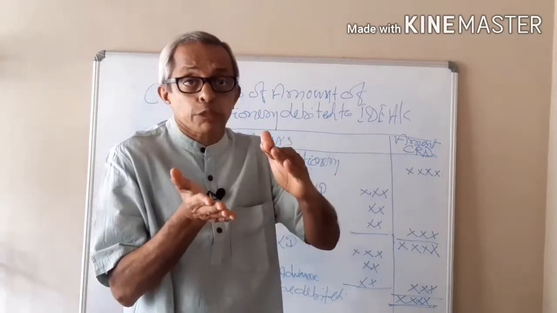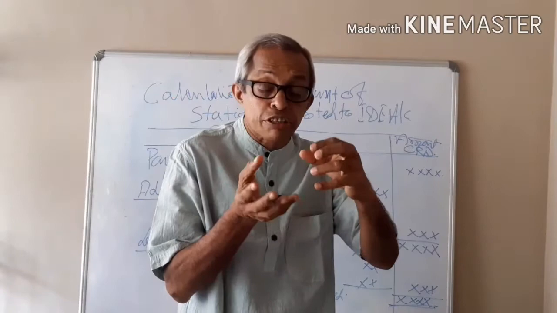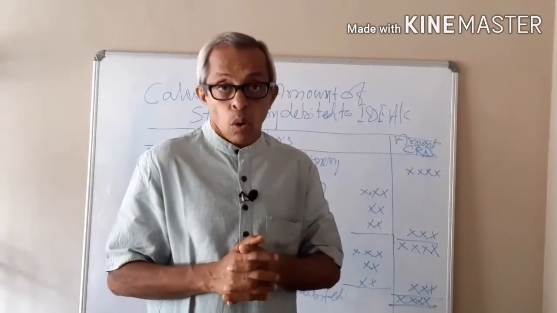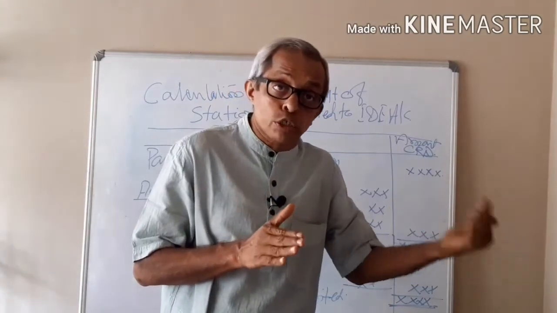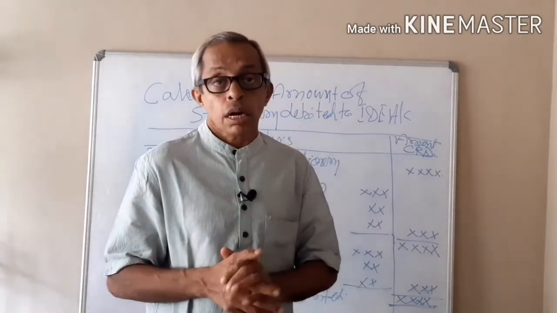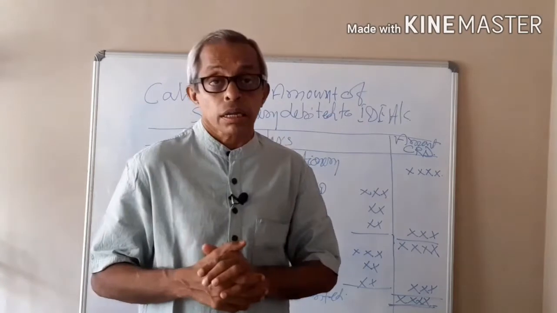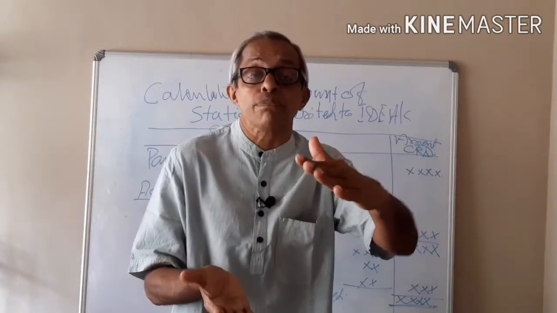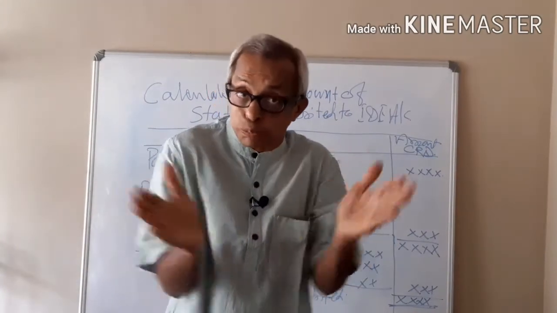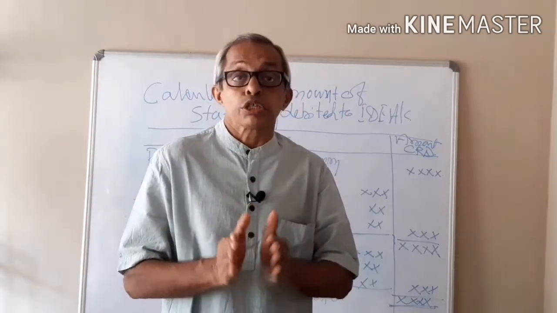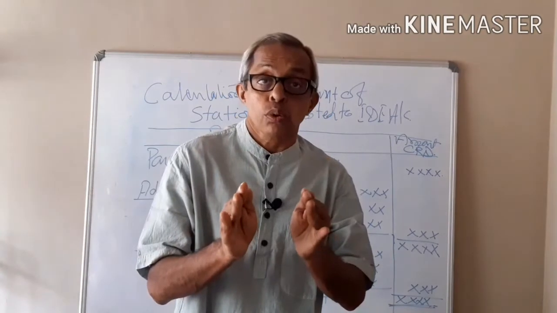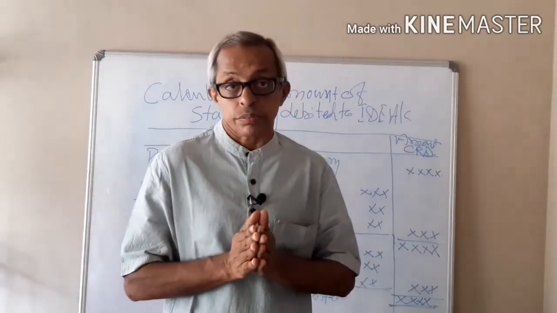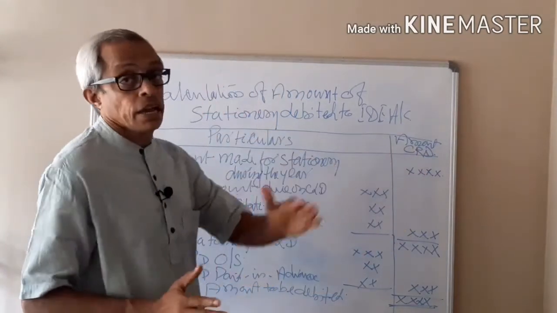So all the expenditures of the current year are added, the expenditure belonging to the previous year and the coming year is deducted, and the resultant figure will be the actual expenditure of stationery to be debited to income and expenditure account. So what are those adjustments?